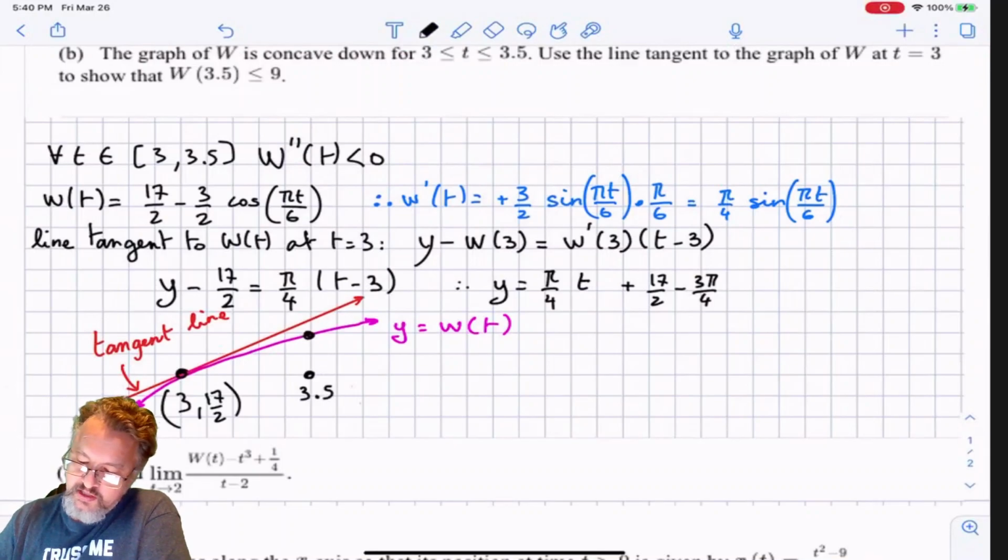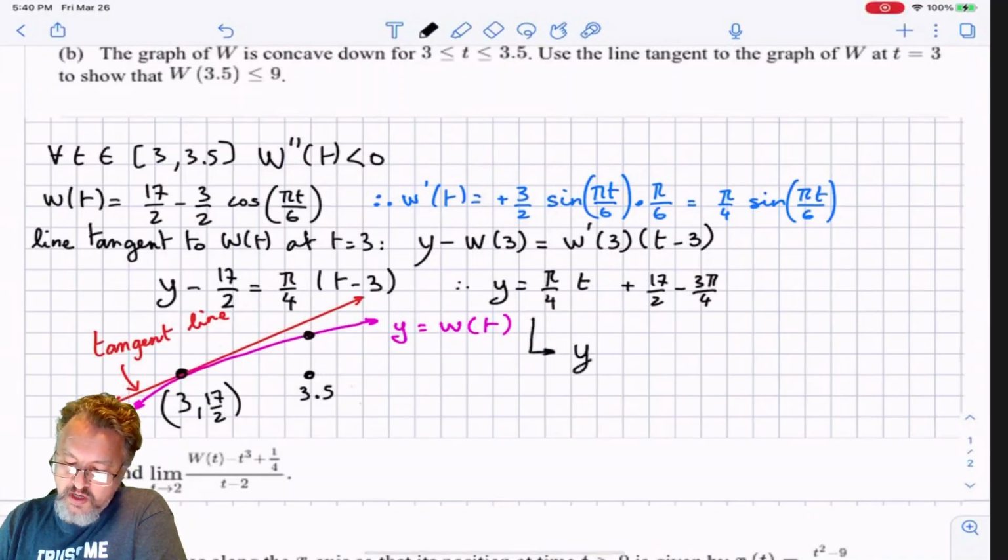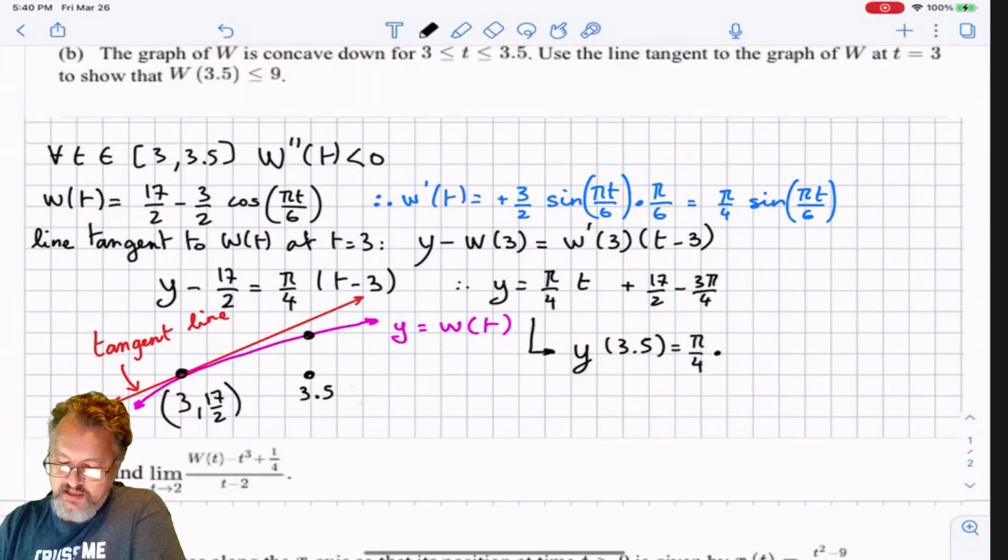Okay, so in this function right here, let me calculate y at 3.5. So it's going to be pi over 4 times 3.5, which is 7 over 2, plus 17 over 2 minus 3 pi over 4.